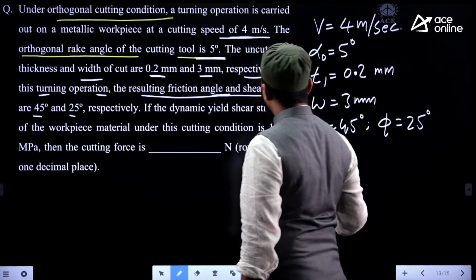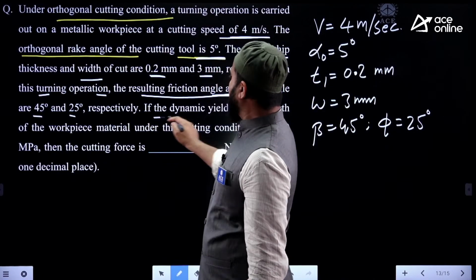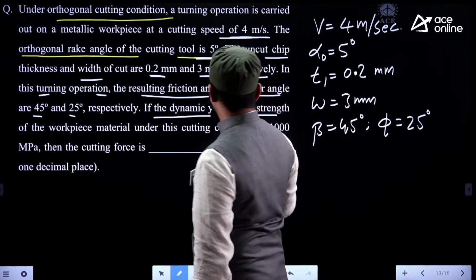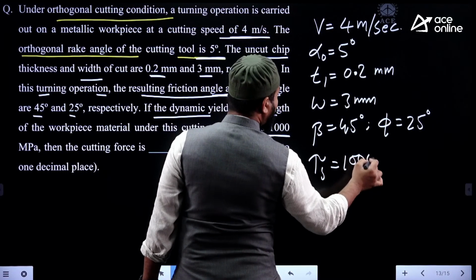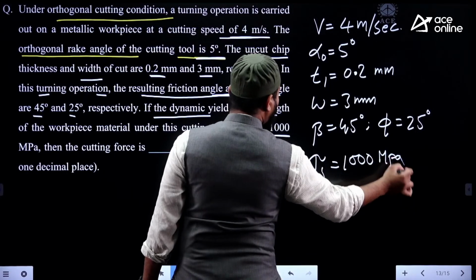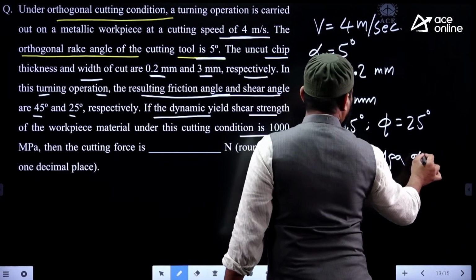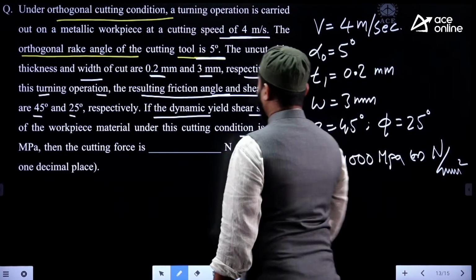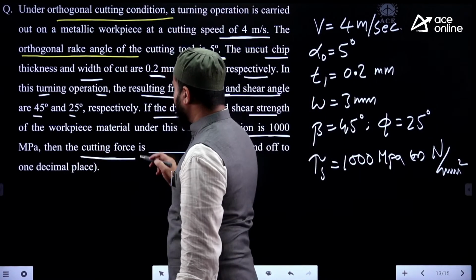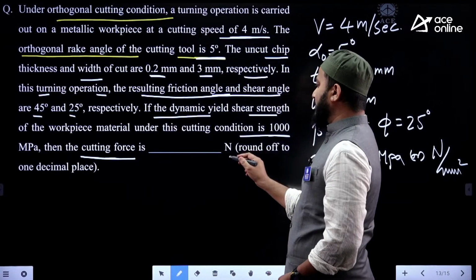On the orthogonal plane, all these things will be on the same plane. The dynamic yield shear strength of the workpiece is given as 1000 megapascal, which is nothing but 1000 Newton per mm square. Then they are asking what is the cutting force, in Newton.